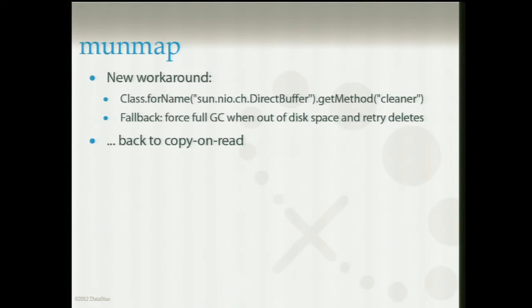We basically had two options. We can reference count everything that comes out of an SSTable that's mem-mapped, which we looked at and said, we're never going to get all the bugs out if we try to do that. Or we can just copy it out of the direct buffer when we read it, and then we don't have to worry about it getting unmapped later. And that's what we ended up doing.